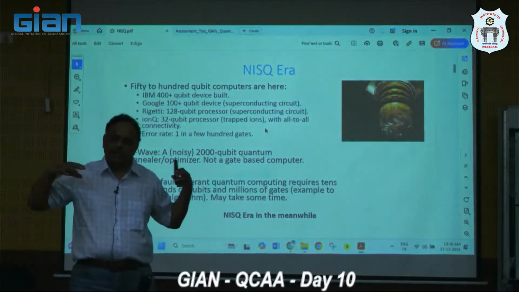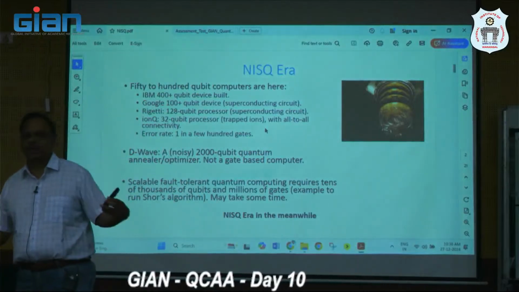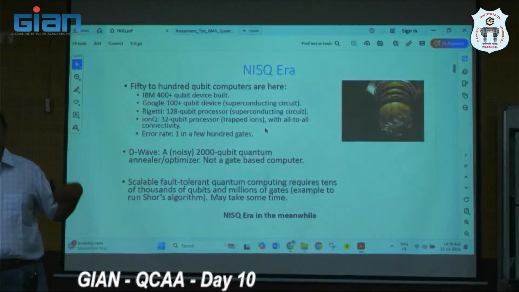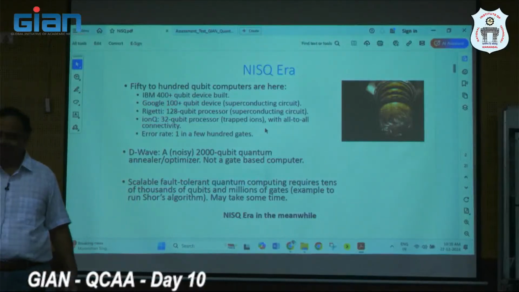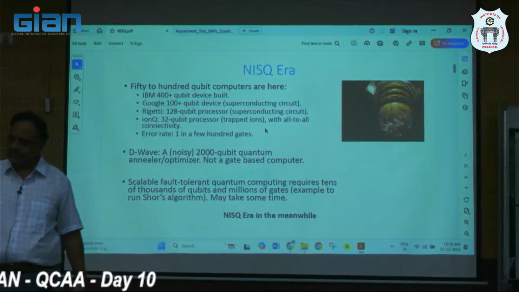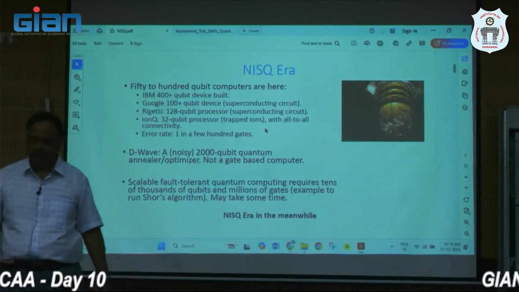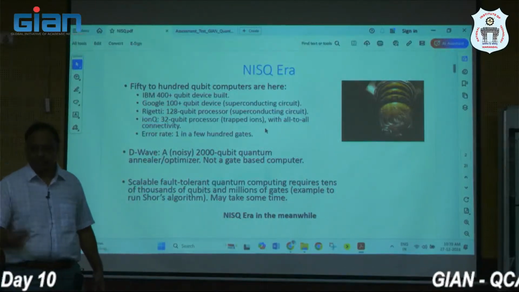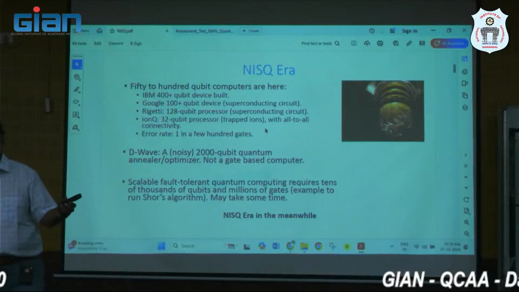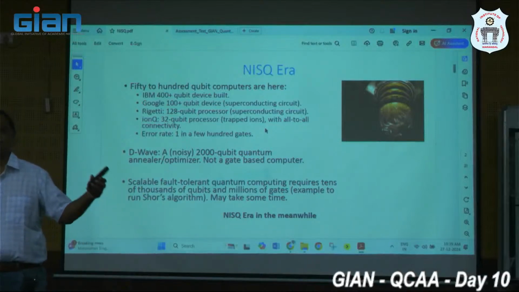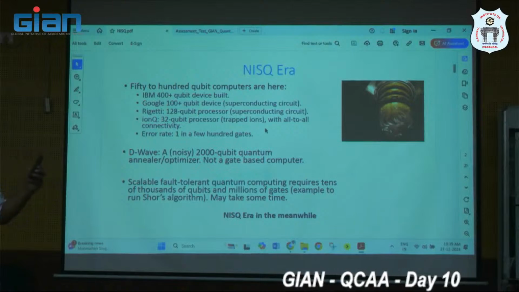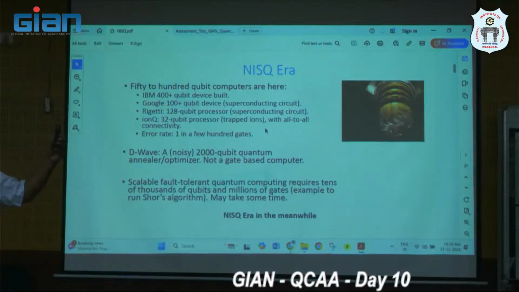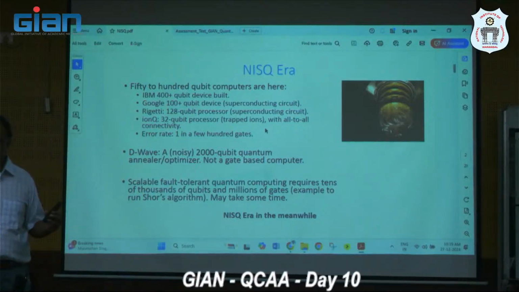But these additional qubits and gates come with their own errors, right? So there is this trade-off, okay? You are doing error correction, but due to that you are increasing your number of qubits and gates, which is causing further error to accumulate. So you have to fight, okay?